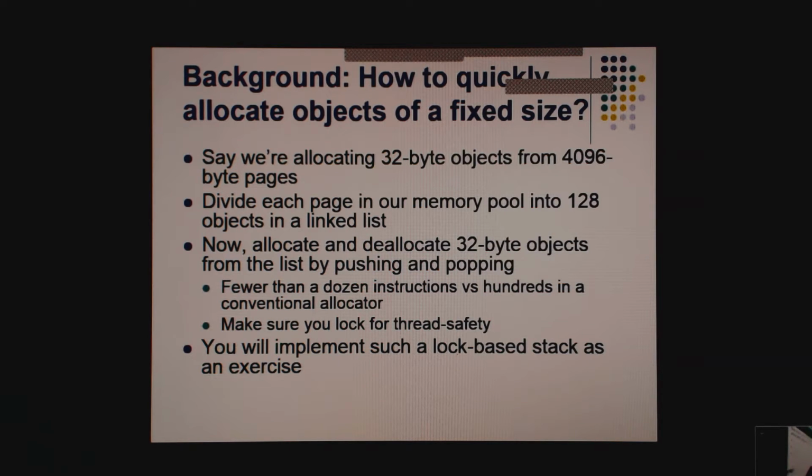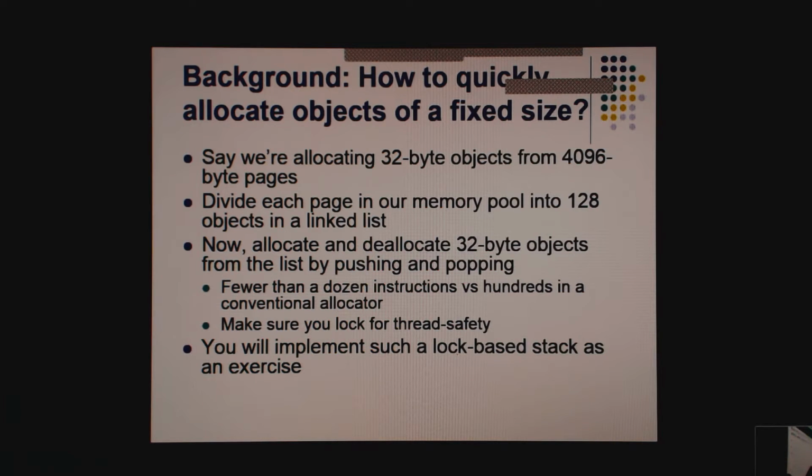So what we'll do is take each 4,096-byte page, divide it into 128 32-byte objects, and put a pointer to the next one in each. So now we have a linked list of 128 32-byte objects.